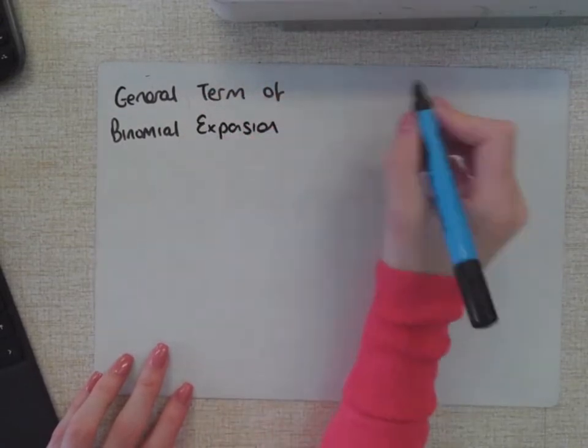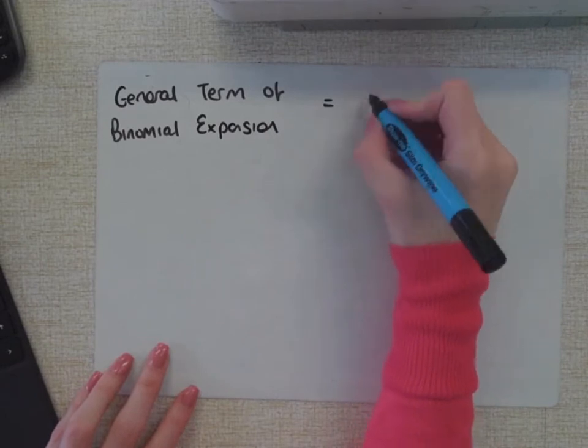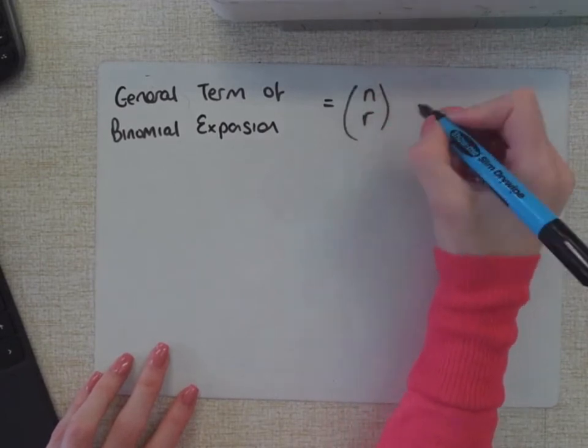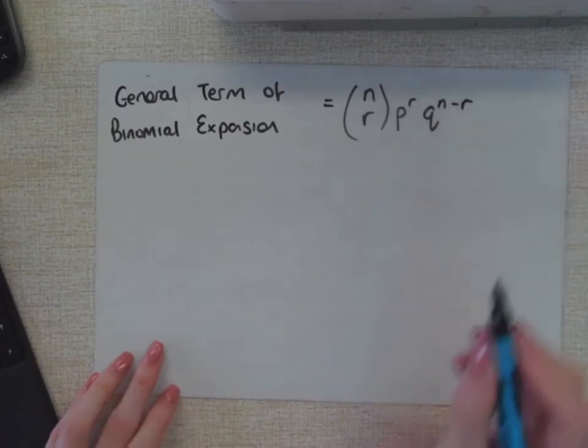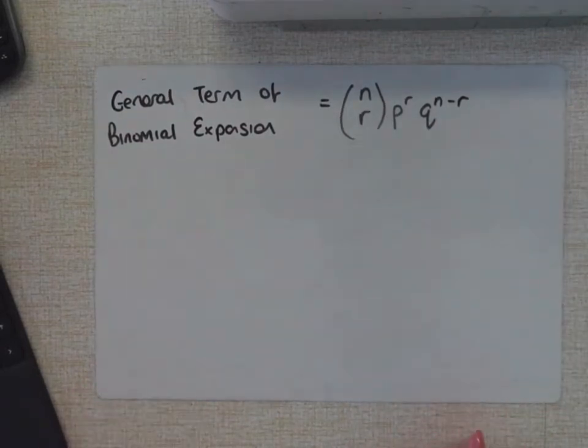So the general term of a binomial expansion is this. And we're going to use that, okay?